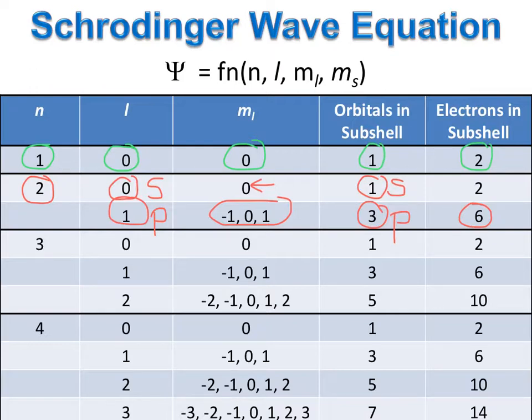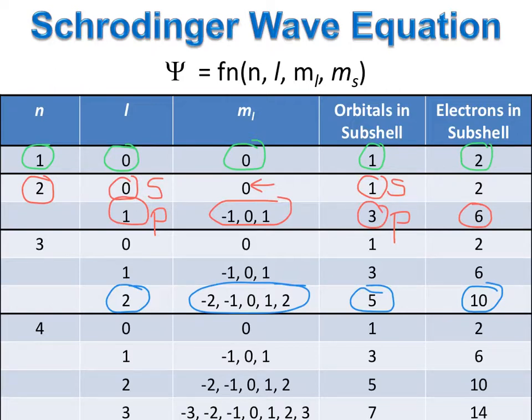Looking at the d down here, it first occurs in the 3rd principal quantum number. There are 5 values for the magnetic quantum number from -2 up to +2, giving 5 total orbitals in a d subshell holding a maximum of 10 electrons.